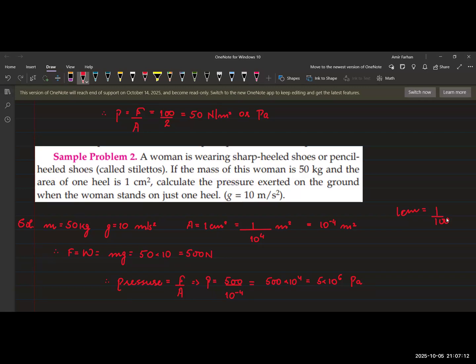Then the force is already there, which is the weight of the body. Yes or no? Got it? How to convert the area from centimeter square to meter square, Tanisha?